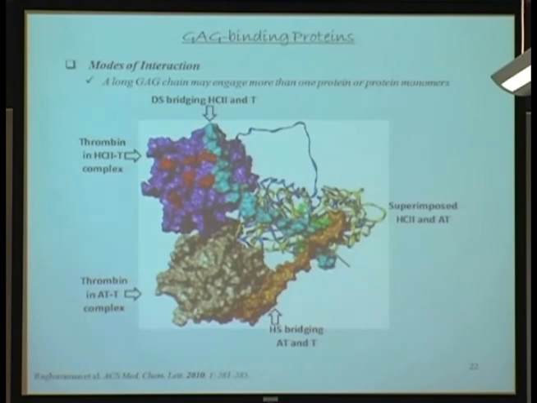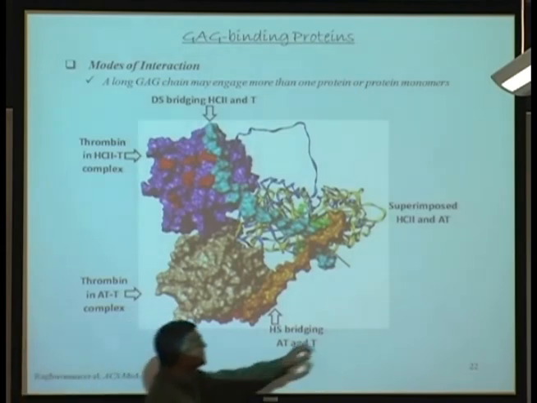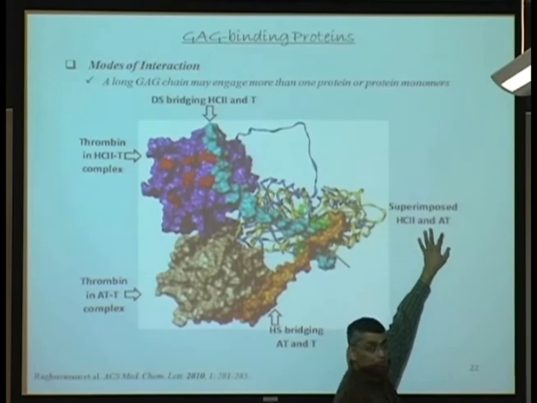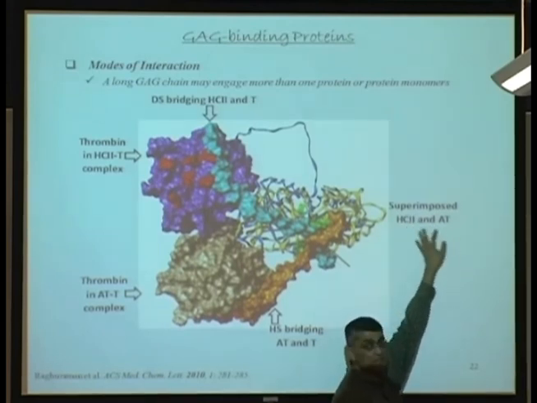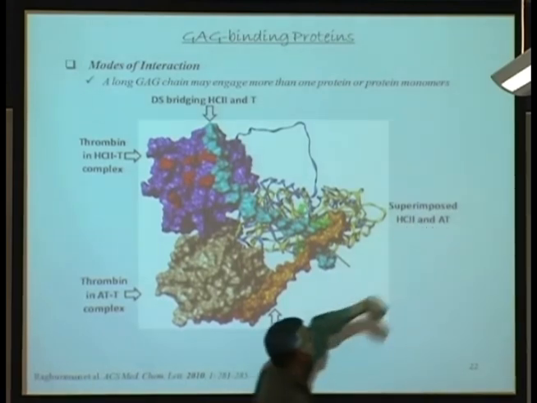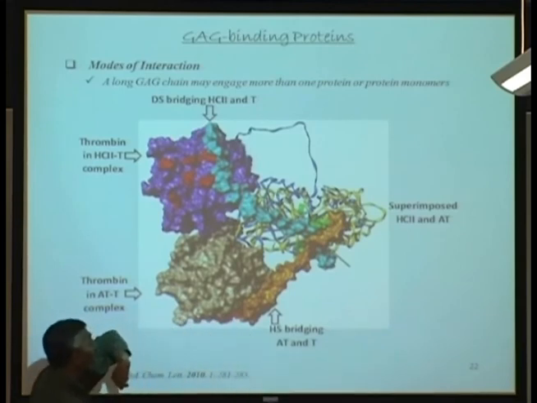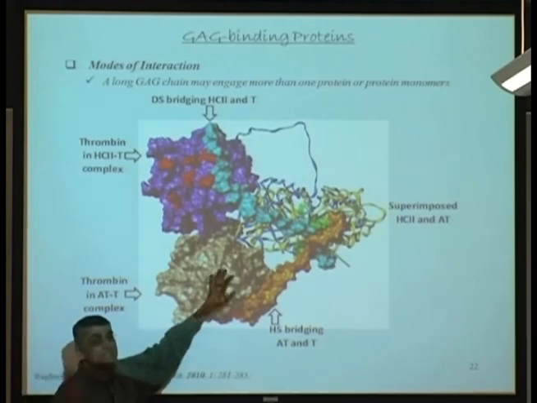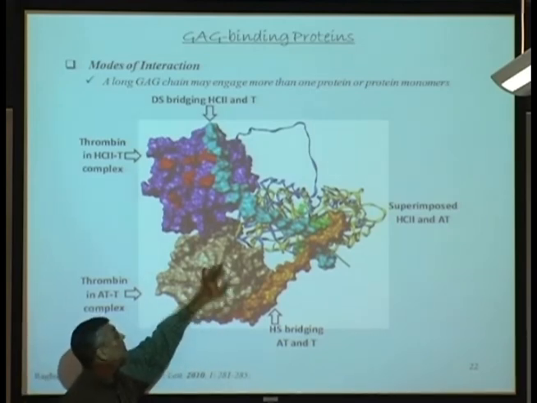I have presented this at several of the meetings, so you all know it, but in essence, this is one of the places where we are superimposing two proteins, two serpins that are very similar. On a three-dimensional level, these serpins are very similar. Although they are similar and bind the same enzyme, thrombin, the way in which they recognize it is completely different.